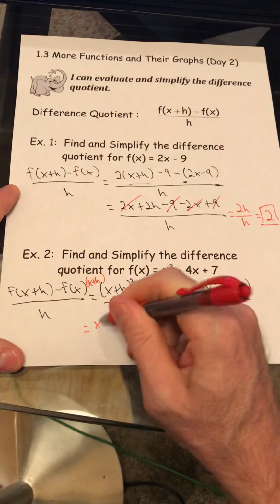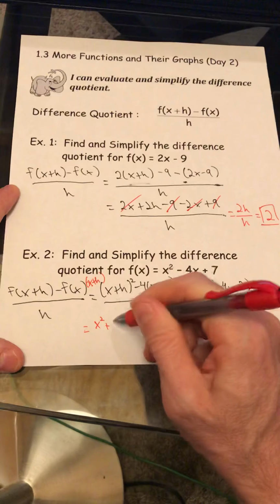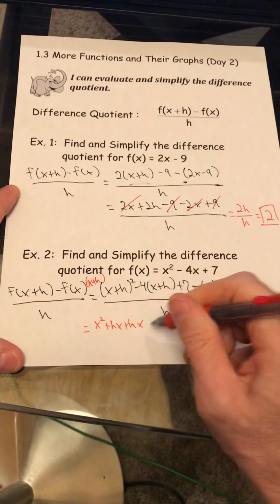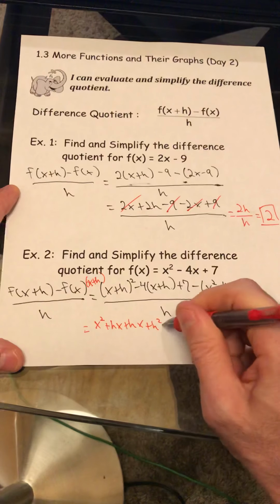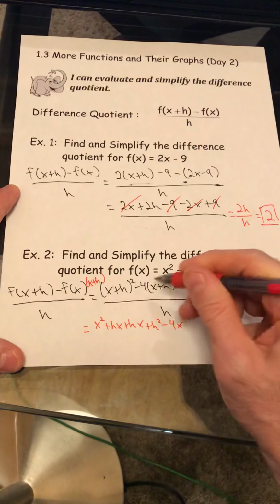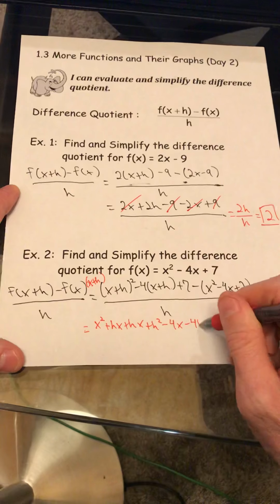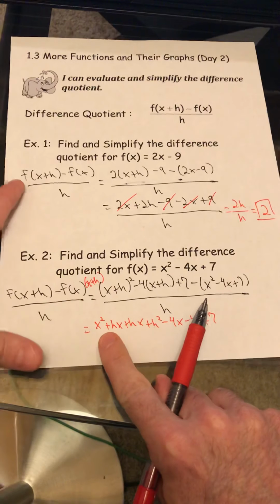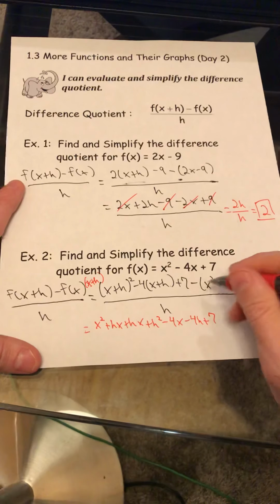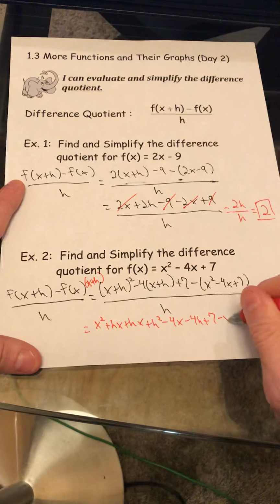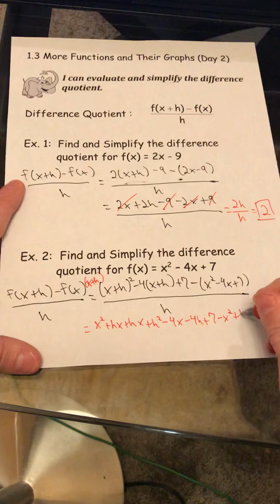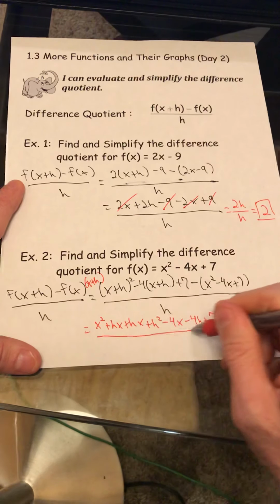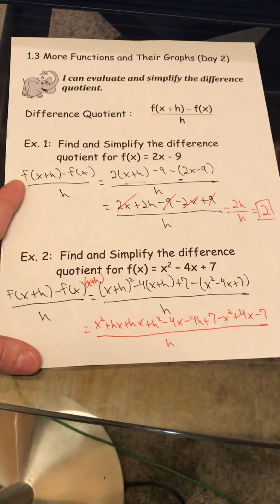So we have x squared plus hx plus hx, h times h is h squared, minus 4x minus 4h plus 7. So you can see when it's a quadratic, it is a little bit more involved. Minus x squared plus 4x minus 7 all over h.